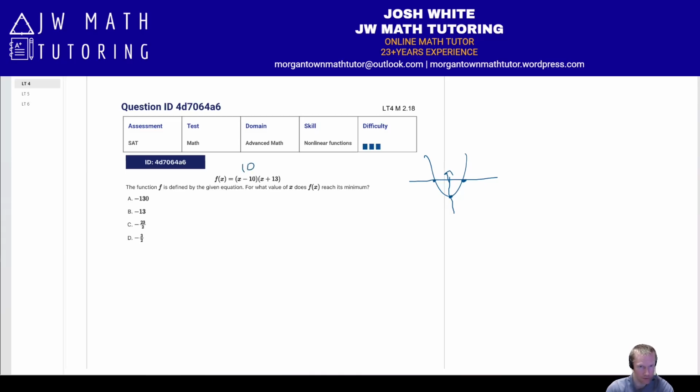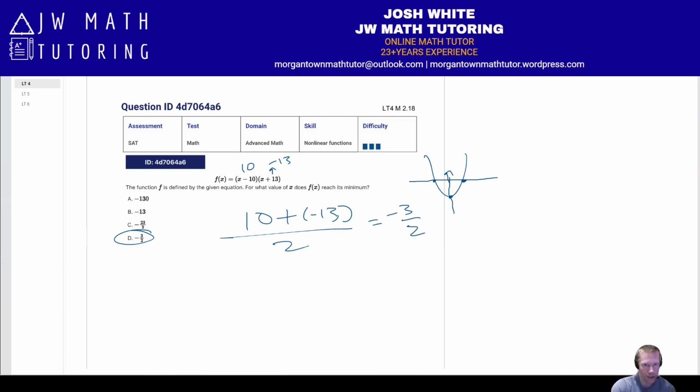So this has an intercept of 10. This factor corresponds to an intercept of negative 13 because technically you set each factor equal to 0 and then solve it. So 10 plus negative 13, we're going to find the average of them, divide by 2, negative 3 over 2. That should be our correct answer, which is letter D.